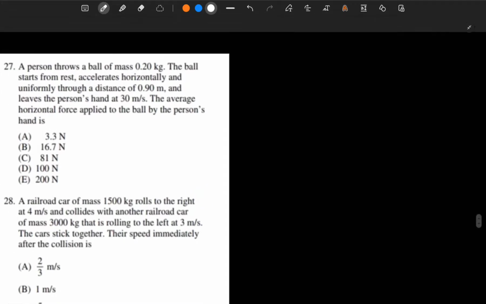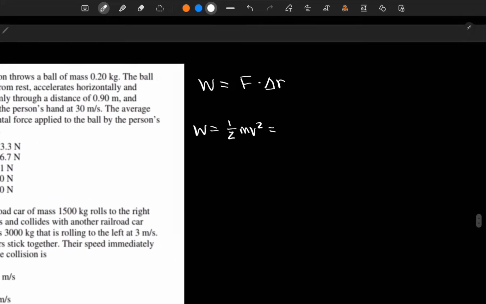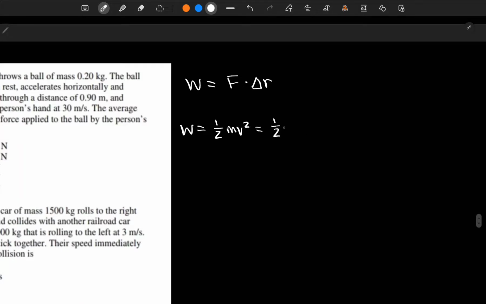Well, since we're trying to find the average force, we know that the work done is equal to the average force times the displacement over which this force acts. Then, since all of this work is converted into kinetic energy, we know that the total work is equal to the kinetic energy, which is equal to 1/2 mv squared. Then we know m and we know the velocity, so this is equal to 1/2 times 0.2 times 30 squared.